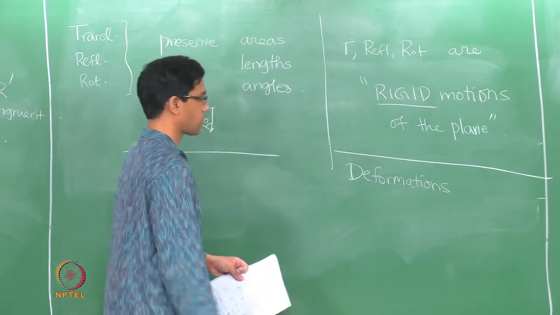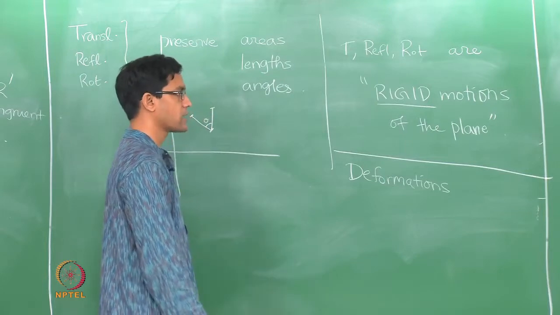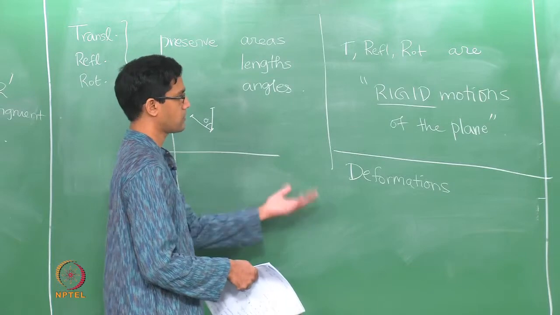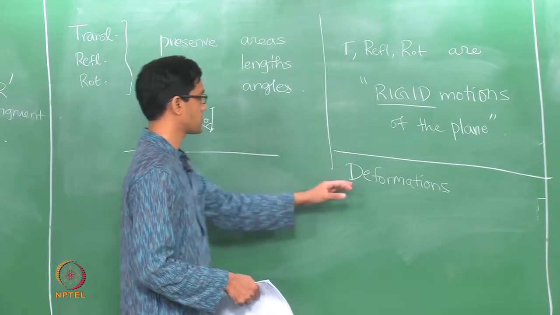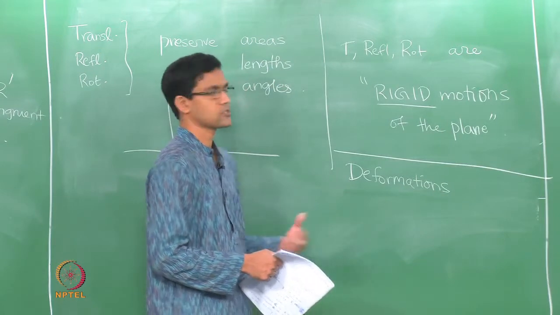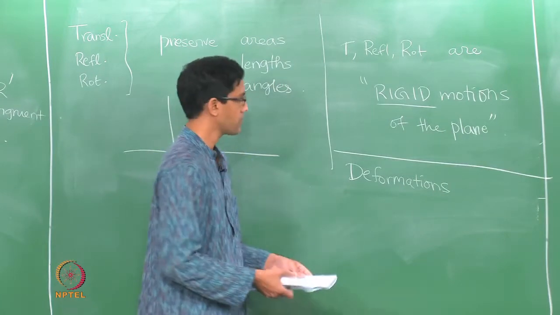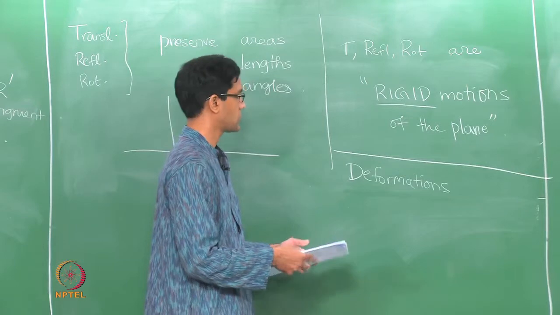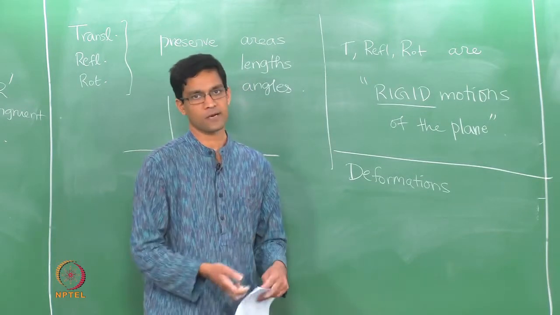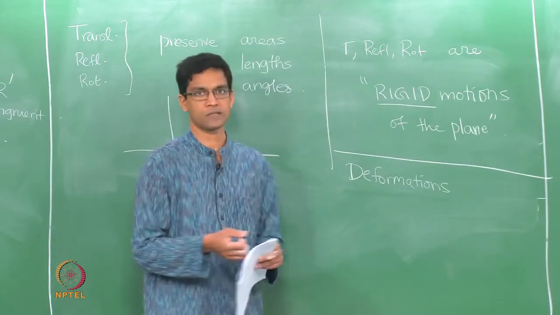They deform lengths or angles or areas, and there are many different kinds of these. I am just using this as a loose term to mean something that does not act in a rigid fashion. So we will look at examples of these. There are things called dilations, and then there are more general linear transformations. But that will be for next time.